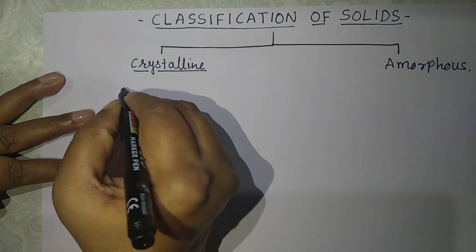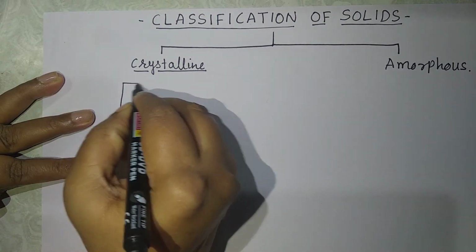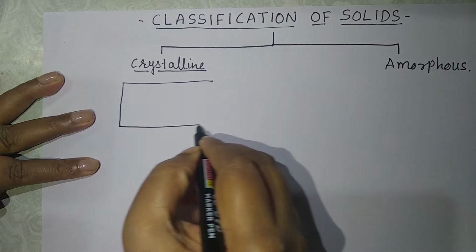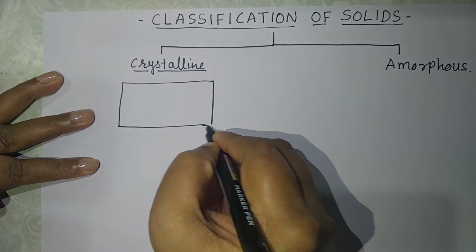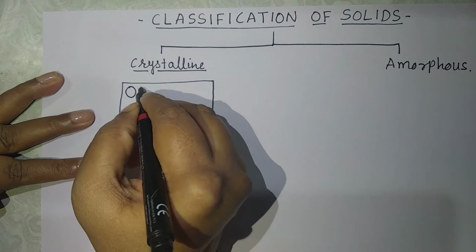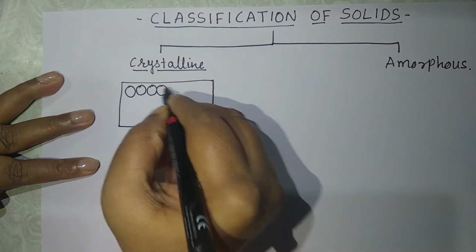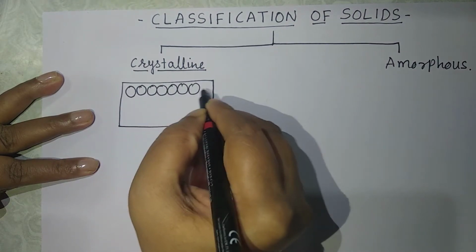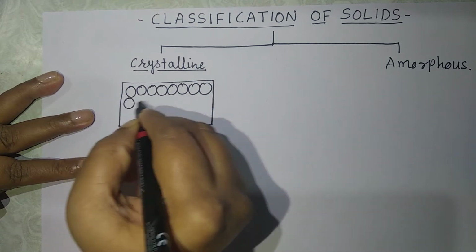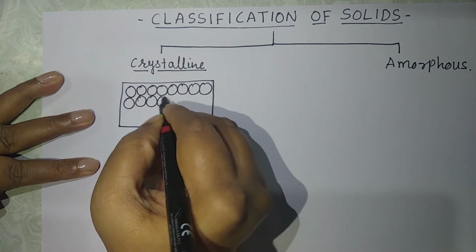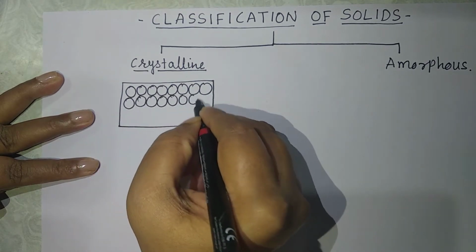So here, if I see the arrangement of atoms, ions or molecules, they follow a regular pattern in this way. Every atom is attached to the other atom following a definite pattern.